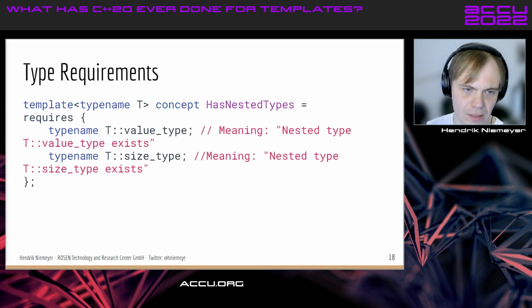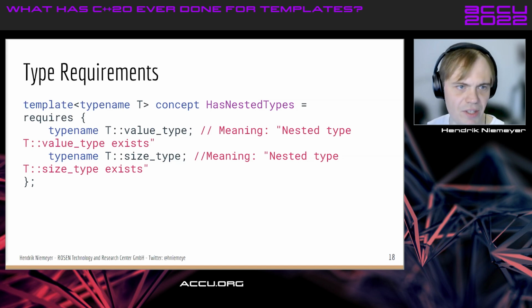Next thing are type requirements. And a type requirement is started by the keyword typename followed by a type name, which is optionally qualified. And the requirement is that the named type is valid. So it can be used to verify that a certain nested type exists.